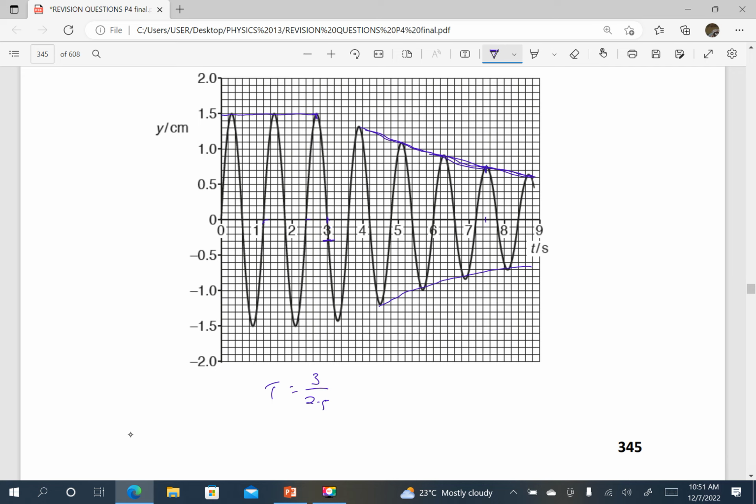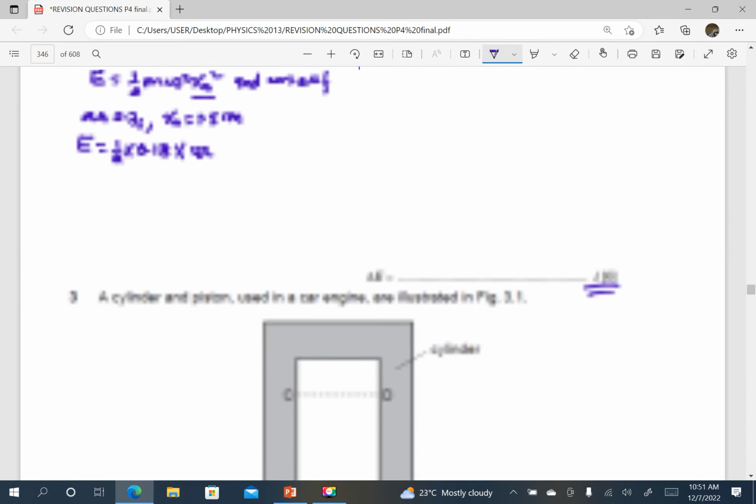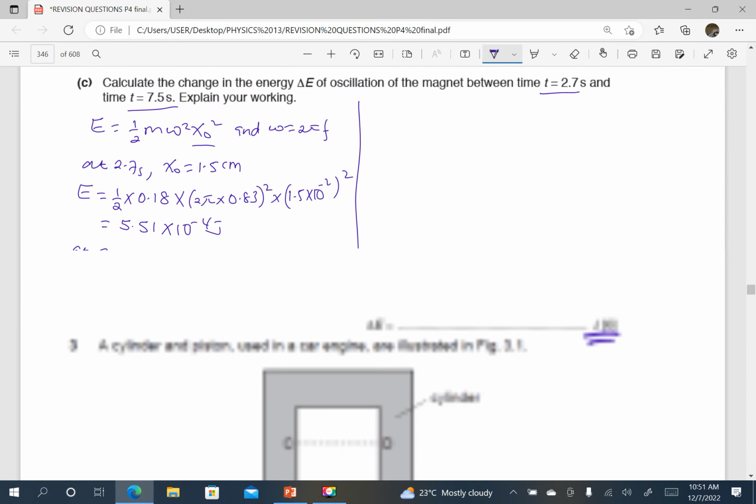By looking at the scale, it is in the middle there. I think that is 0.75 because it is in the center between 1 and 0.5. So that is 0.75 centimeters. So at 7.5 seconds, x is 0.75 centimeters.